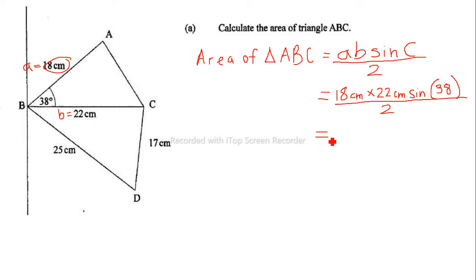Centimeters times centimeters is what? Centimeter squared. Wait, don't we multiply by the 38? No, this is sine of 38 though. Oh, yeah.